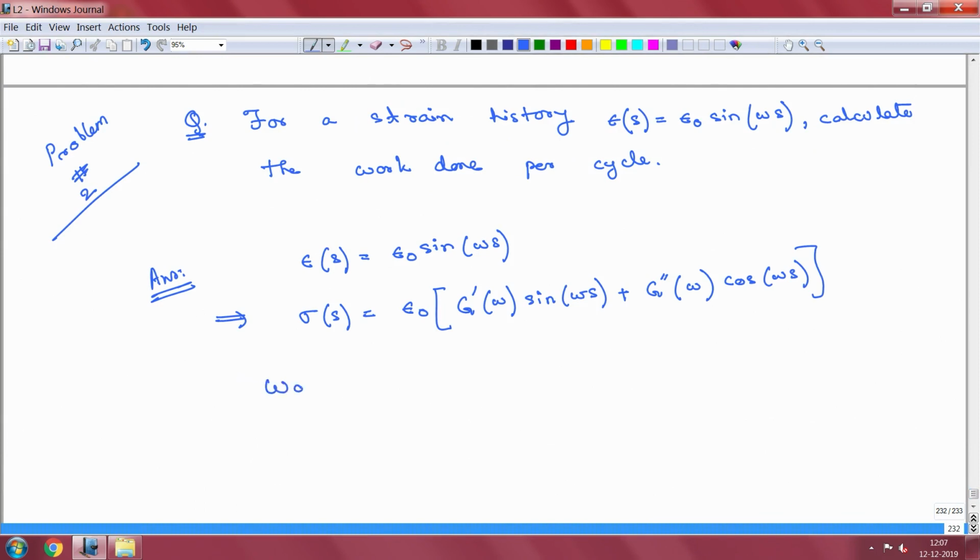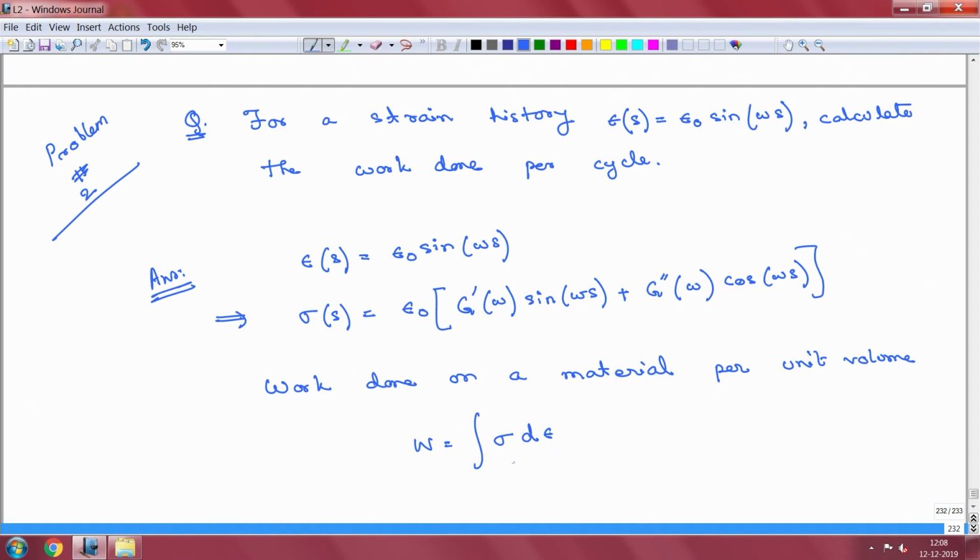So now the work done on a material per unit volume is given by the integral sigma d epsilon.